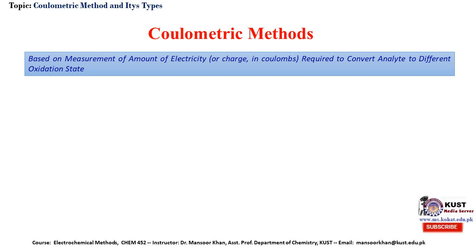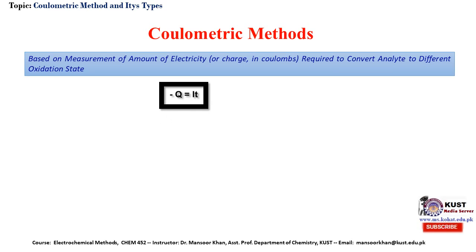If we convert analyte from one oxidation state into another oxidation state, it will need electricity. An amount of energy will be required. So, the amount of electricity is directly proportional to the amount of analyte converted into the other oxidation state. This is basically the basis for the coulometric method.